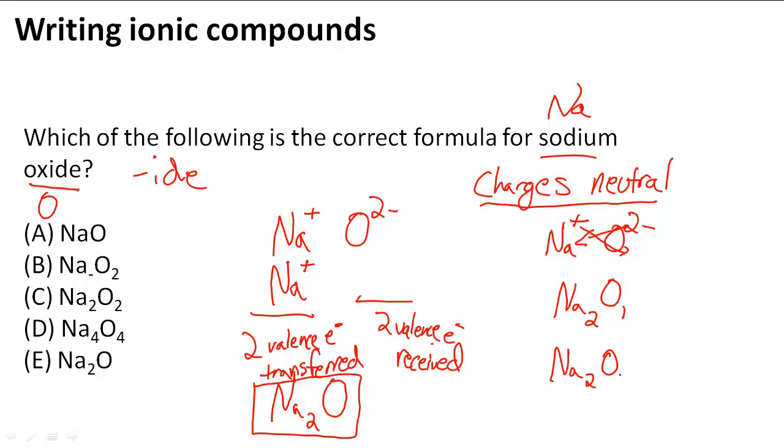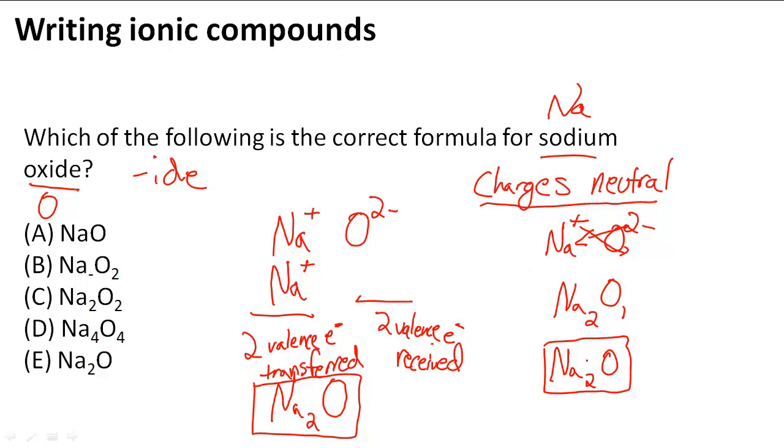We don't write the 1 here because it's assumed when you write an element that there's 1 of them there. So this shows us the same thing that we got by thinking about how many atoms we need to balance out the charges. We got the same answer using the X rule.